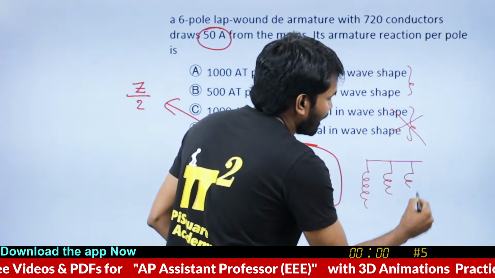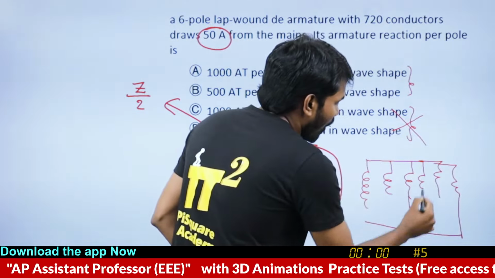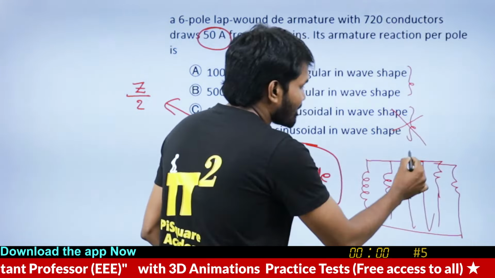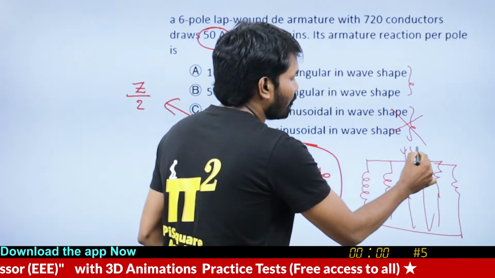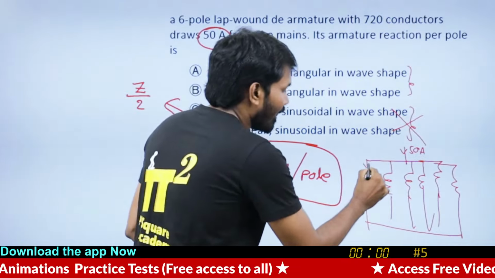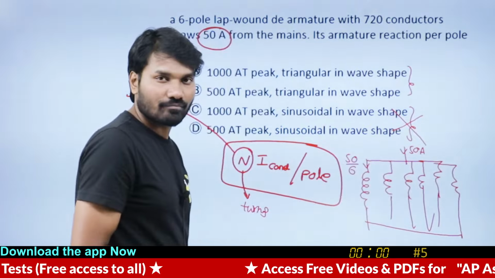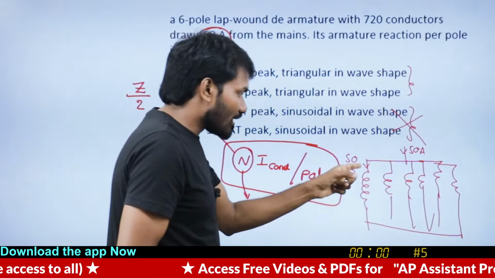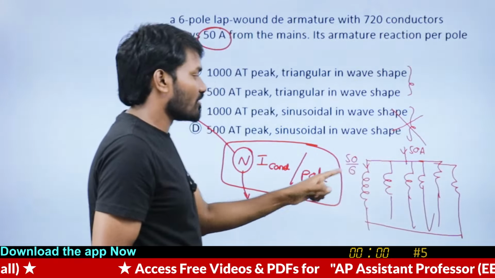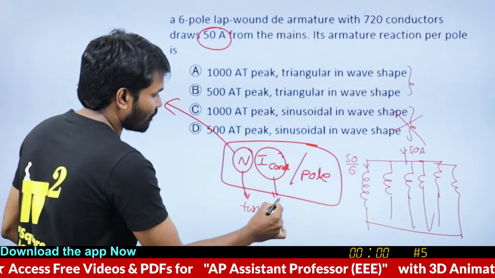All these 6 parallel paths are collectively carrying 50 ampere. So each parallel path is carrying 50 by 6 ampere. So each conductor is carrying 50 by 6 ampere. So current flowing through the conductor is 50 by 6.